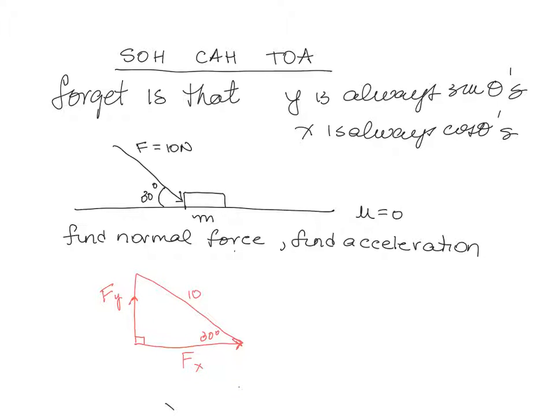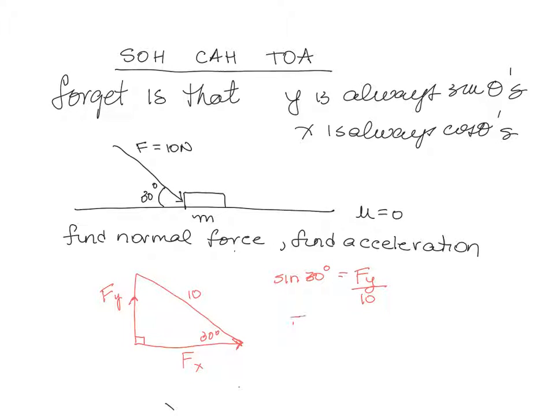Now we're going to go back to SOHCAHTOA and figure out what Fx and Fy are equal to. Let's start with the sine. The sine of 30 degrees is equal to the opposite, which is Fy, divided by the hypotenuse, which is 10.